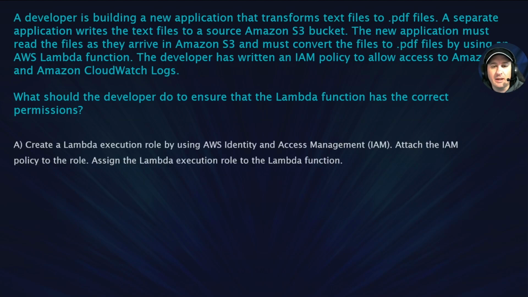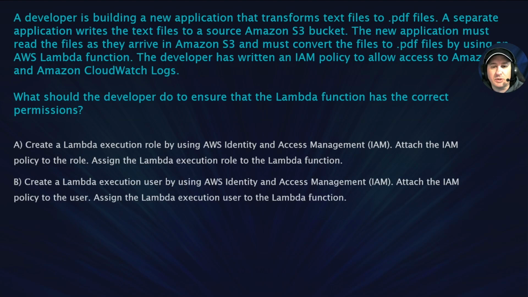A is to create a Lambda execution role by using AWS IAM and attach the IAM policy to the role. Then you assign the Lambda execution role to the Lambda function. B is that you create a Lambda execution user by using IAM and attach the IAM policy to the user. Then assign the Lambda execution user to the Lambda function.